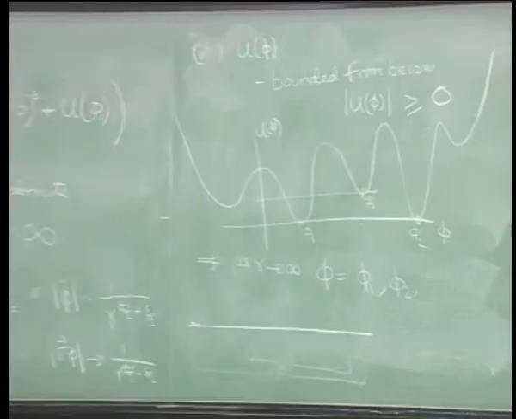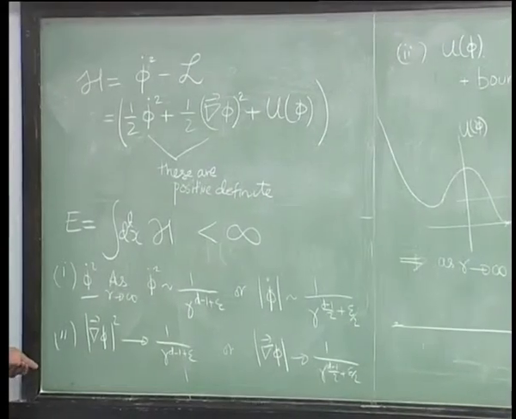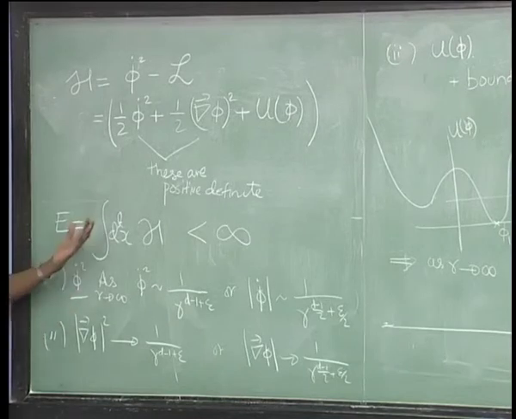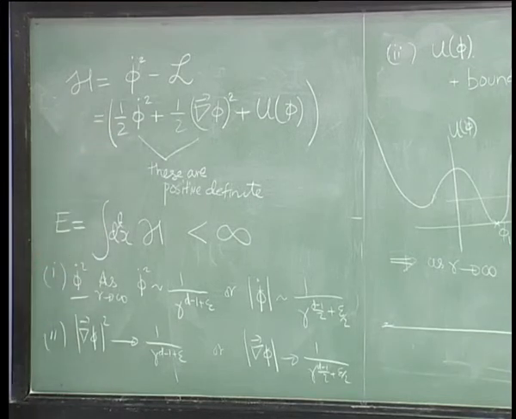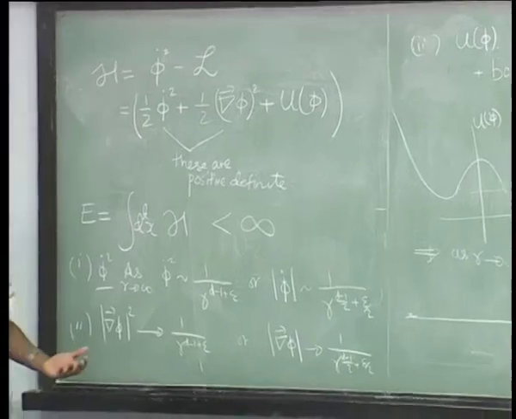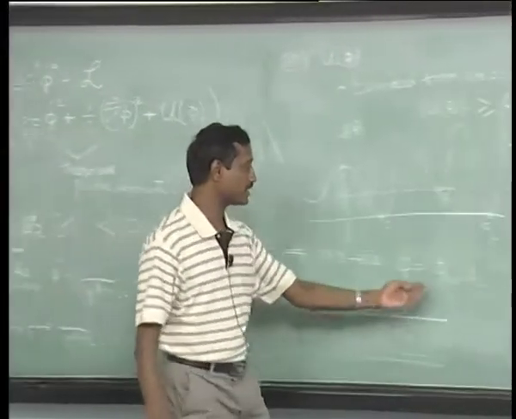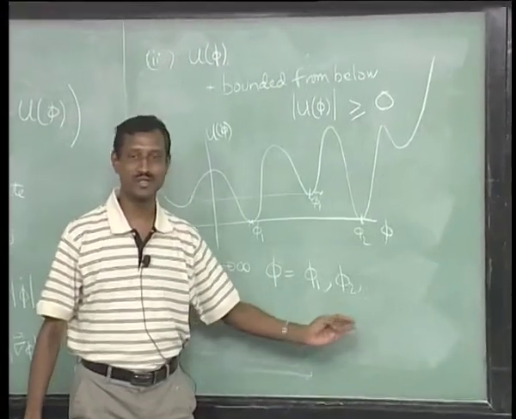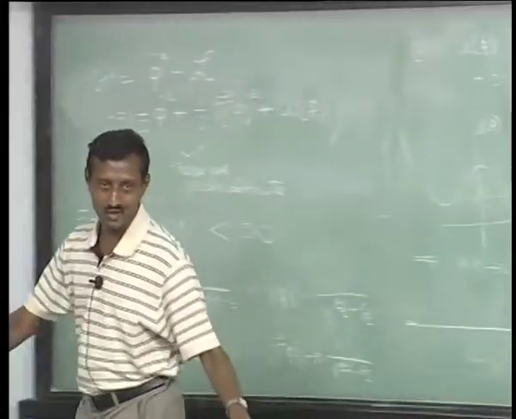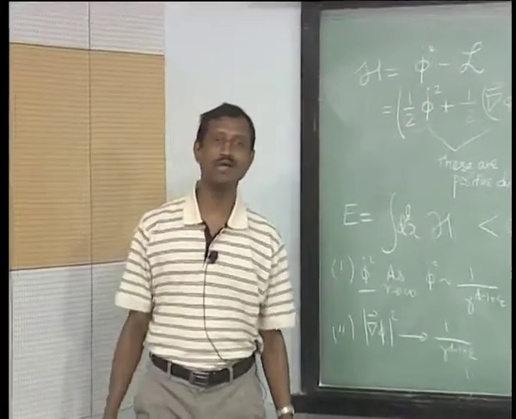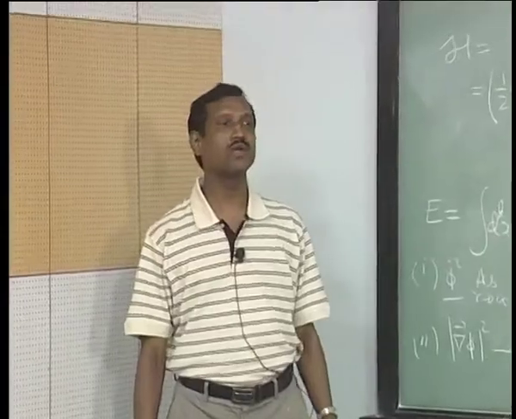But now we can ask what is the lowest energy which is possible, that would be 0, we will call that the vacuum, okay. And when would that happen? When you look at situations where the fields are space independent and time independent, that means they are constants. But what is the constant value it can take? It can take only phi 1 or phi 2, that would be the lowest energy configuration, the 0 energy configuration, and so we call it the vacuum.